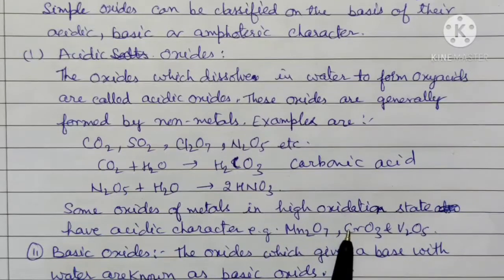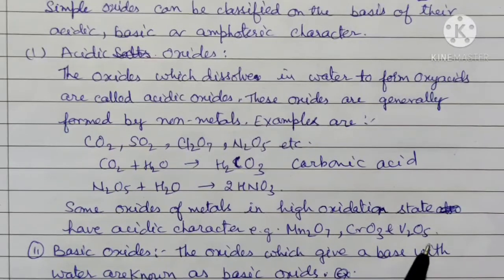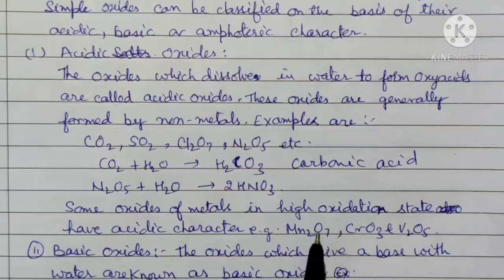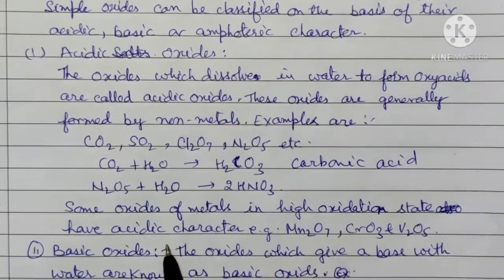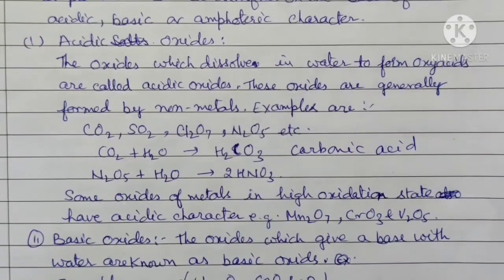They form manganic acid, chromic acid, and vanadic acid. So some oxides of metals in their higher oxidation state have acidic character, which we will study later.